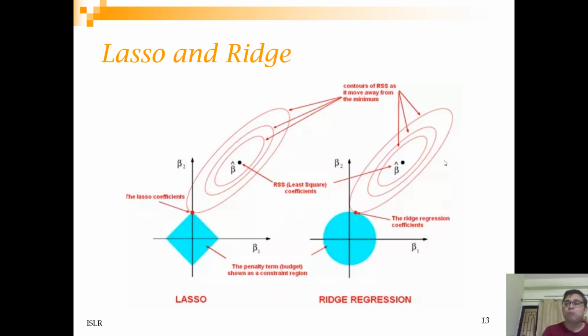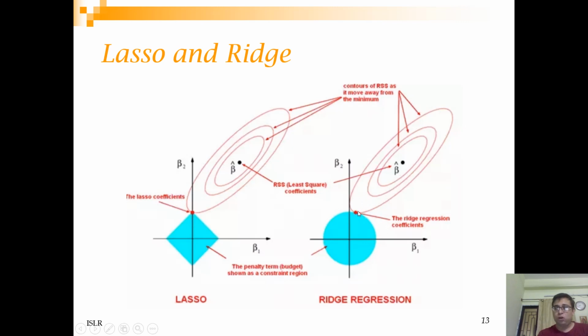Each of these contours has the same RSS, and as it goes up, the RSS increases. And you want to find out where this contour actually intersects this budget.